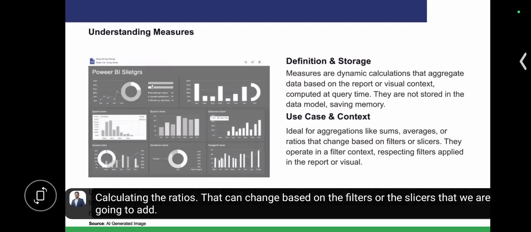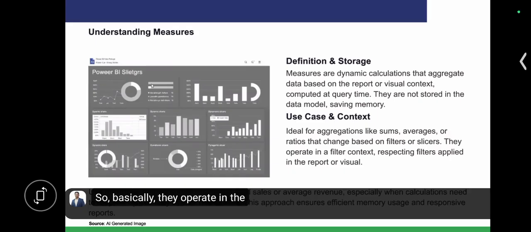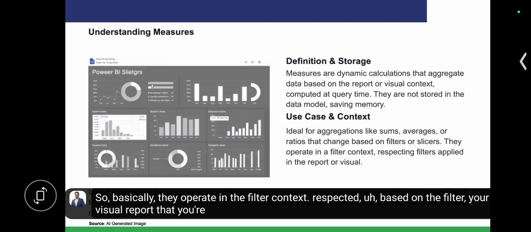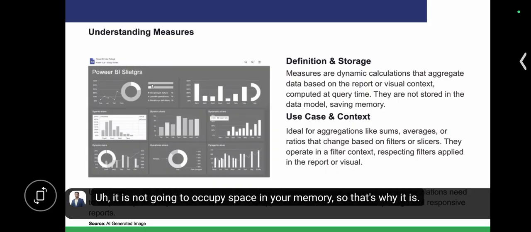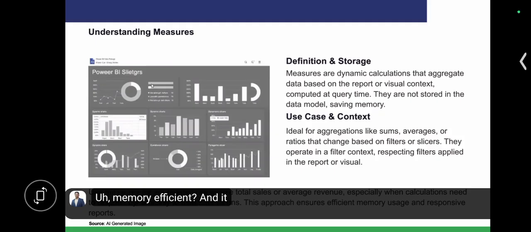So basically they operate in the filter context, and based on the filter, the visual report that you create changes, right? And when we create a measure, it is not going to occupy space in your memory, so that's why it is memory efficient, and it is responsive in generating the report.